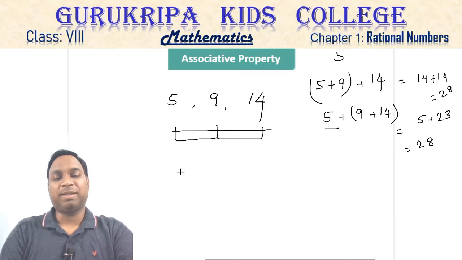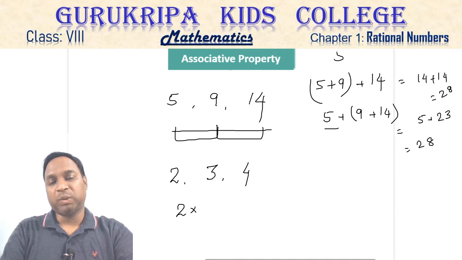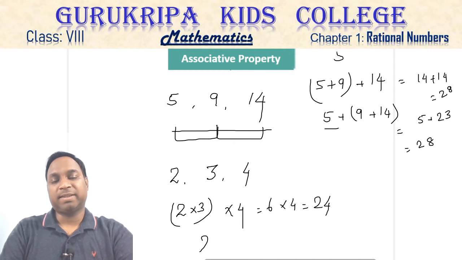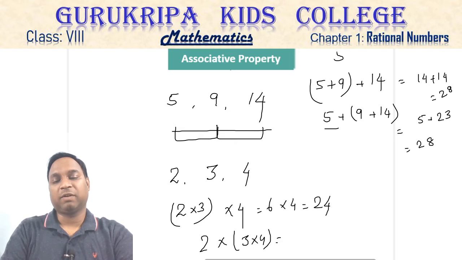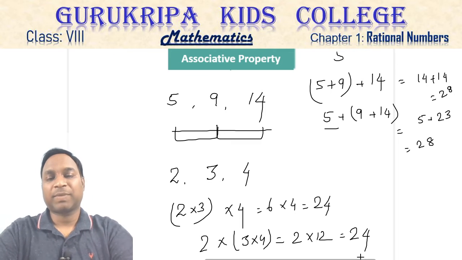Let's take two small numbers, 2, 3 and 4. So if you do 2 into 3 first and then multiply it by 4, what will you get? 6 into 4 is equal to 24. Otherwise, if you do 3 into 4 first, what do you get? 2 into 12, again you get 24. ठीक है?